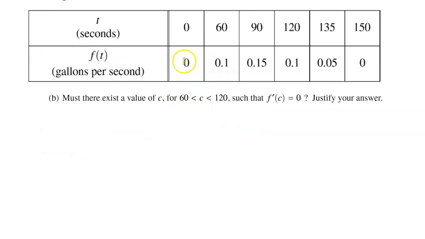In part B, we were given data for f of t. So f of t is definitely the original function. But then we are being asked about the existence of f prime at c. This tells us we will either need the mean value theorem or Rolle's theorem.